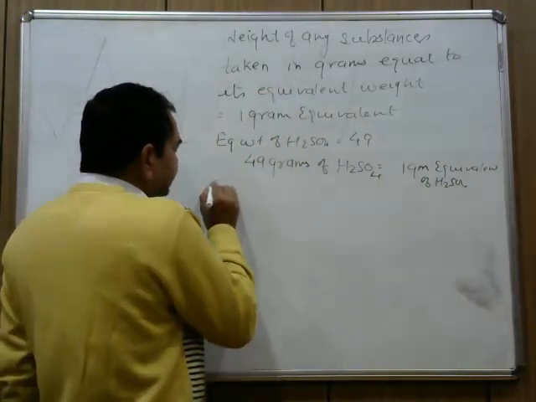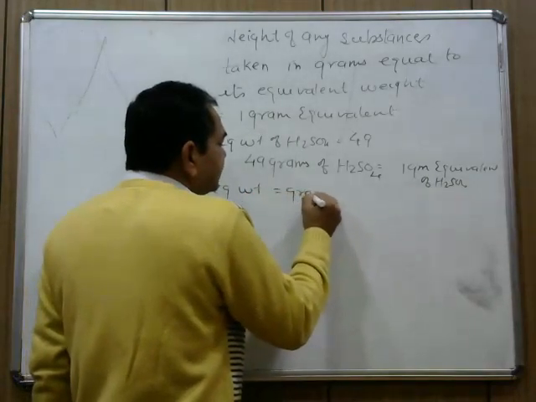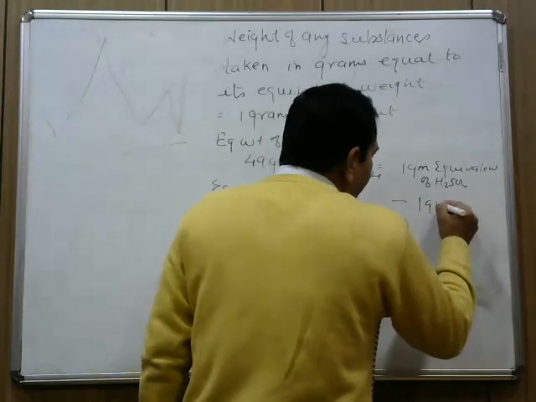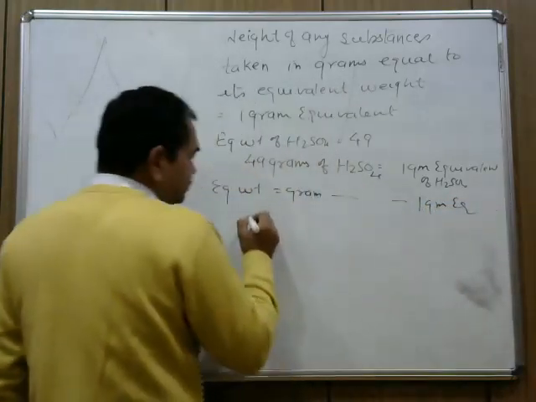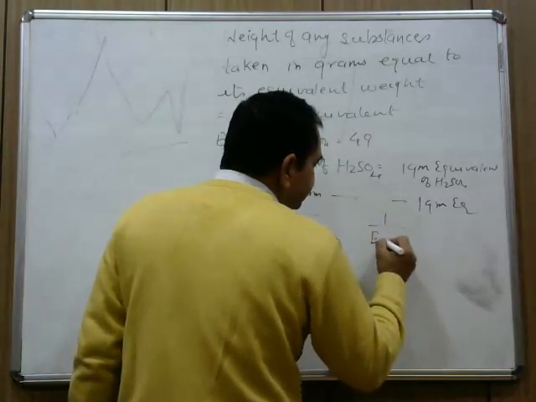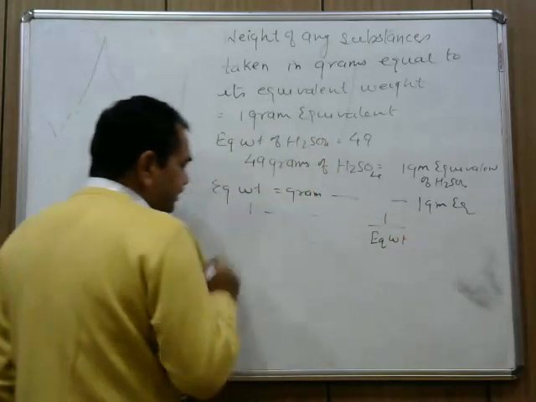So if we take grams equal to equivalent weight, it is equal to 1 gram equivalent. So if we take 1 gram, then the number of gram equivalents is given by 1 divided by equivalent weight.